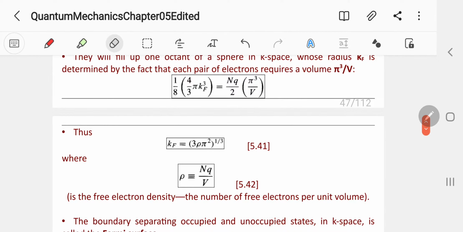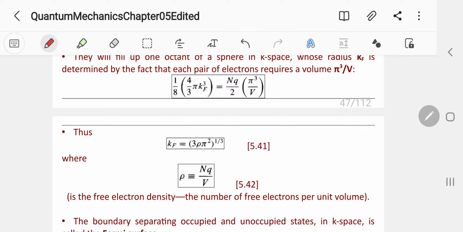So you will have your kF. You can get the radius of that solid to be (3 rho pi squared) to the 1/3.